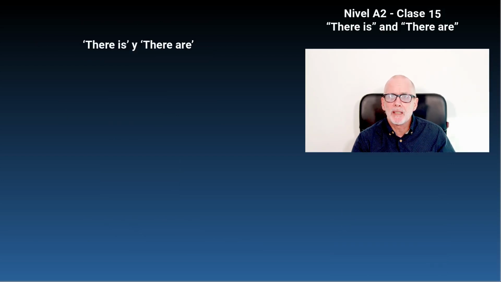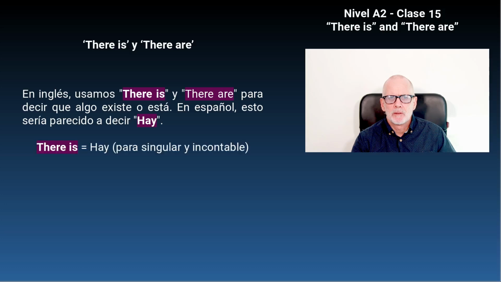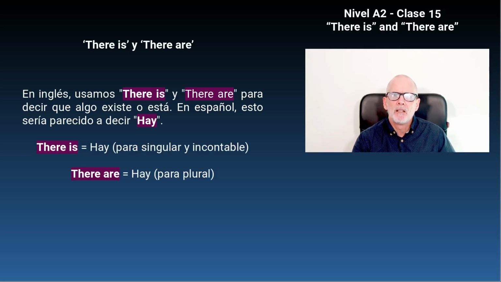Vamos a ver there is and there are. Esas dos frases básicamente traducen como hay en español y se usa para decir que algo existe. Usamos there is para cosas singulares y incontables y usamos there are para el plural.